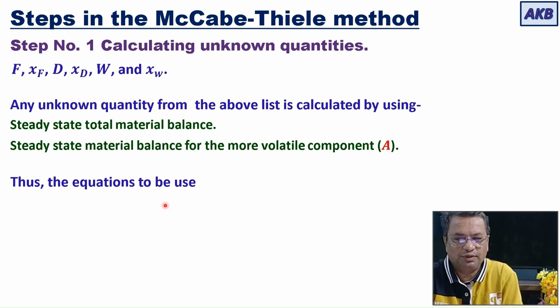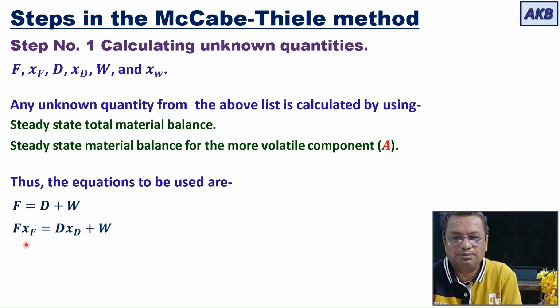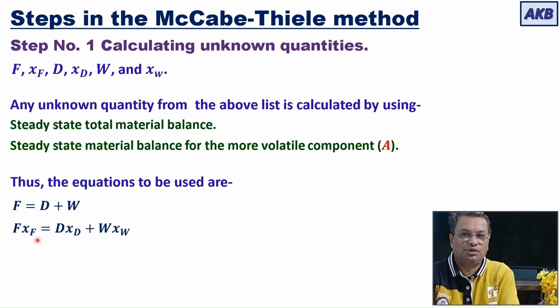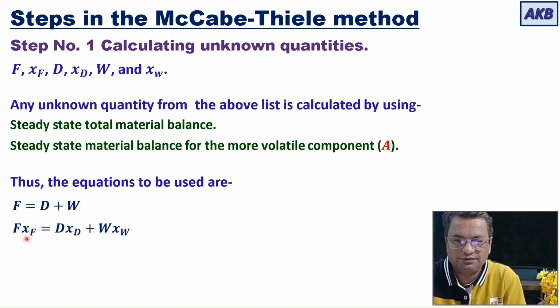Okay. So the equations to be used in this case are the steady state total material balance, F is equal to D plus W, and the steady state material balance for the more volatile component, which is F into XF is equal to D into XD plus W into XW.